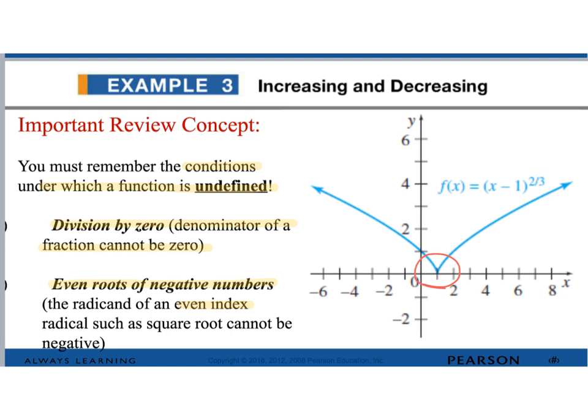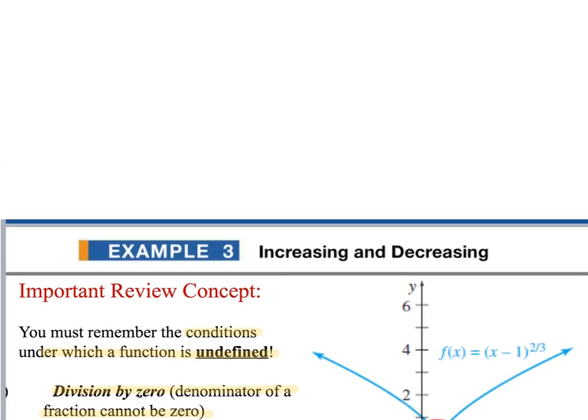And so because our critical value is 1, draw a number line. And locate 1 on that number line.